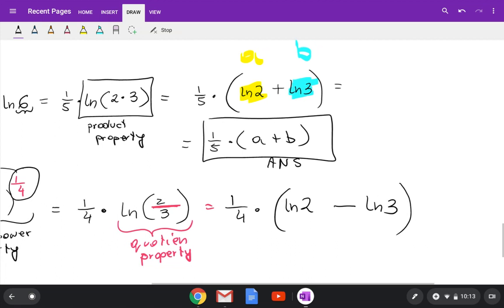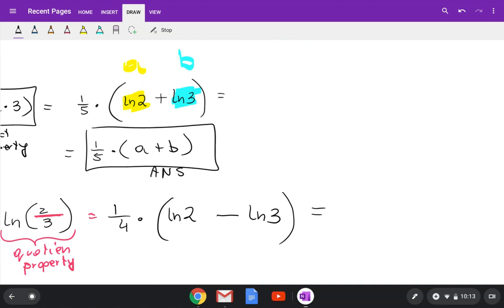Ln of 2 we know is a, and ln of 3 we know is b. So we rewrite that as 1 over 4 times a minus b.